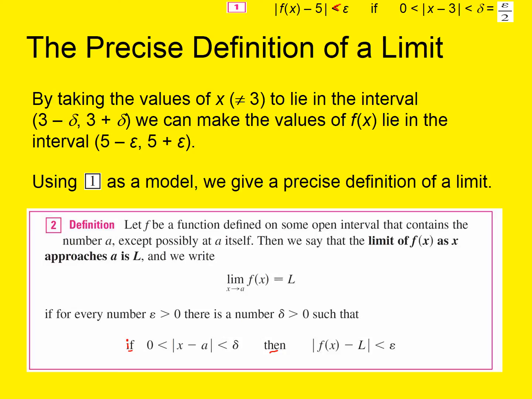But it's saying the same thing. Obviously the limit as x approaches 3 of f of x equals 5 is a special case of this definition. We just proved a specific statement, but we did prove that limit.